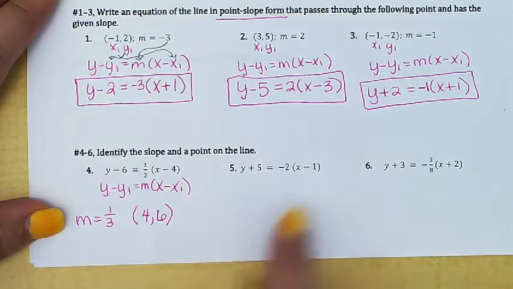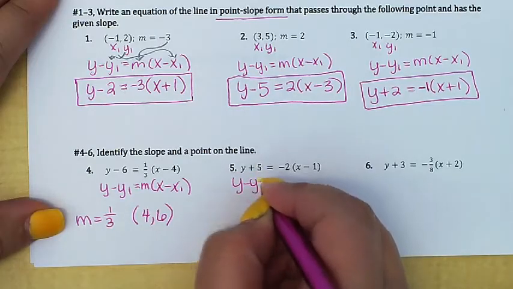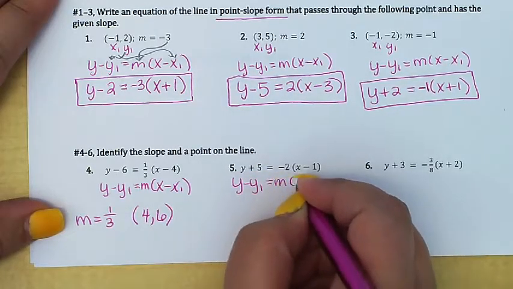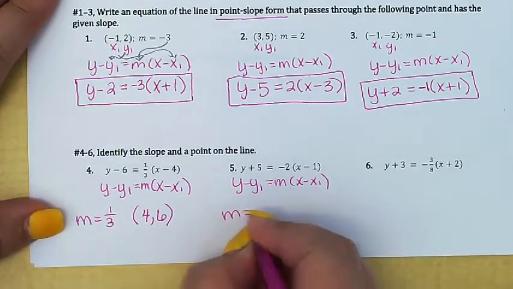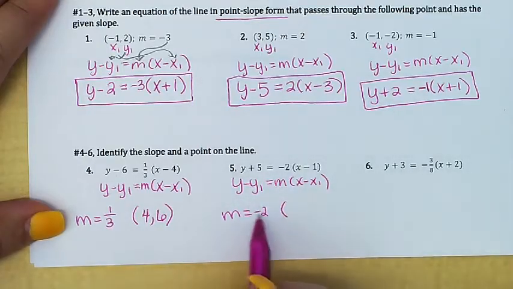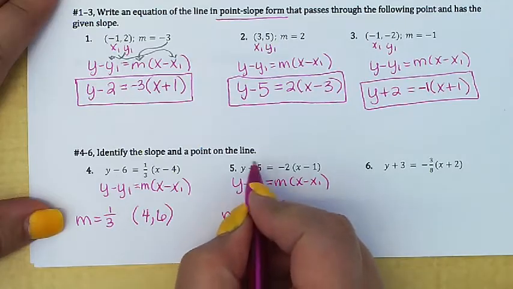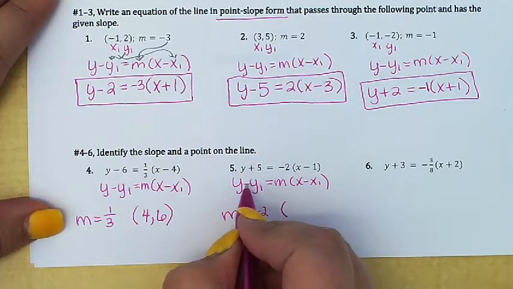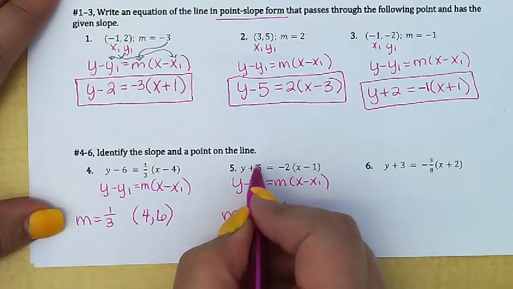Okay, let's try with this one. If it helps, again, write the formula underneath, and that might guide you to be able to extract the right information here. So our slope for this one is -2. And here, that's what I was saying, be careful. So we have y minus y1. So if I see a plus, that indicates to me that there must have been a double negative there, because we were subtracting something and we ended up with a positive.